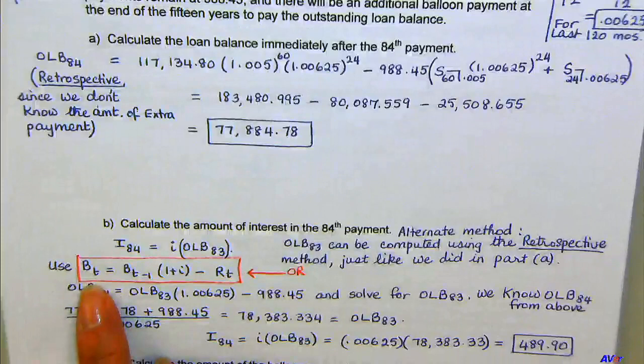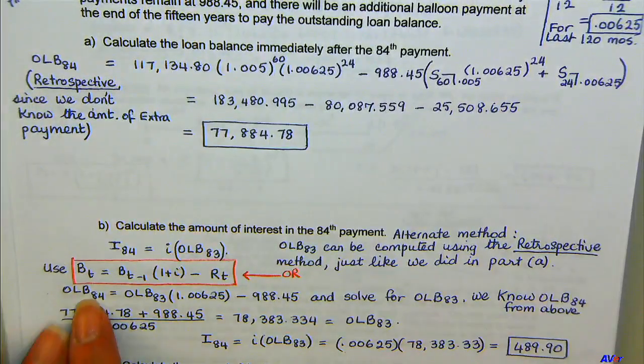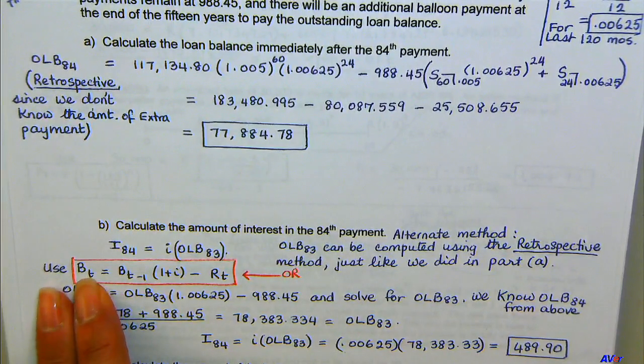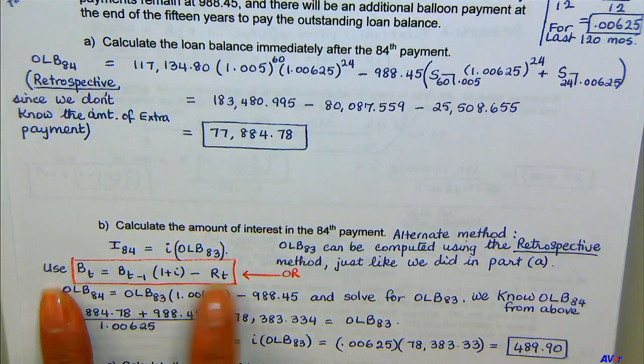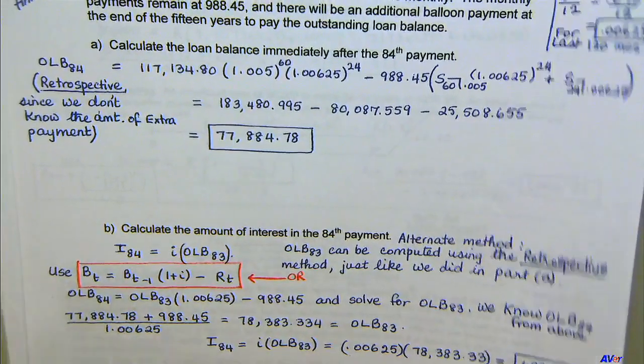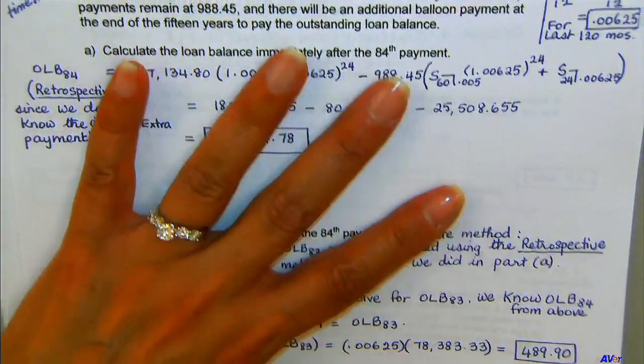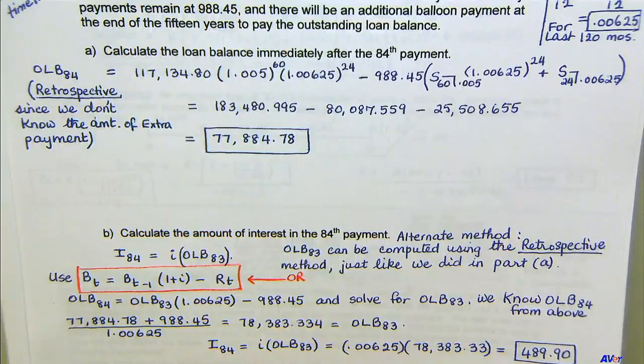So in an example like this is where that formula would come in handy. It says OLB at time t is equal to OLB at time t minus 1 times (1 plus i) minus R of t, where R of t is the total payment at time t. Are you following me? I'll go back, you refer to this later to see how it comes in handy.